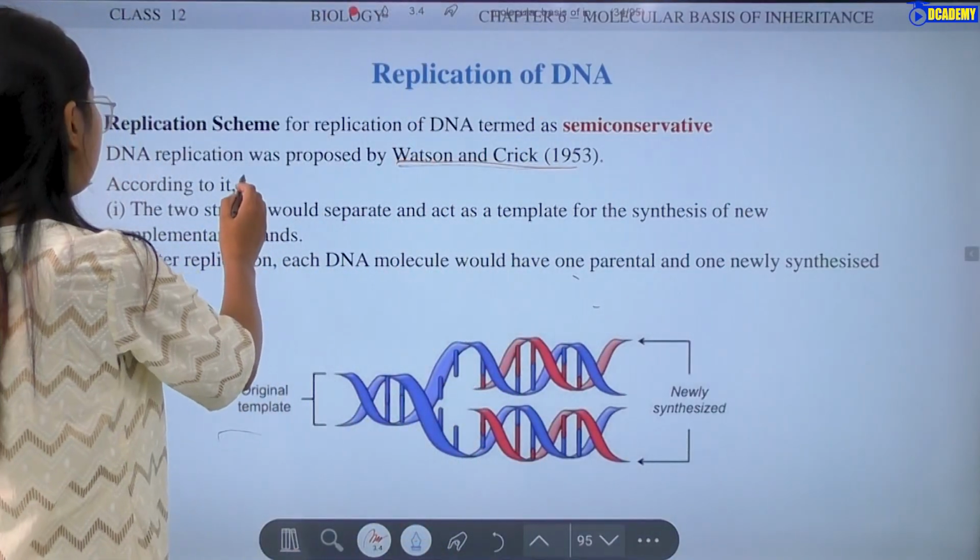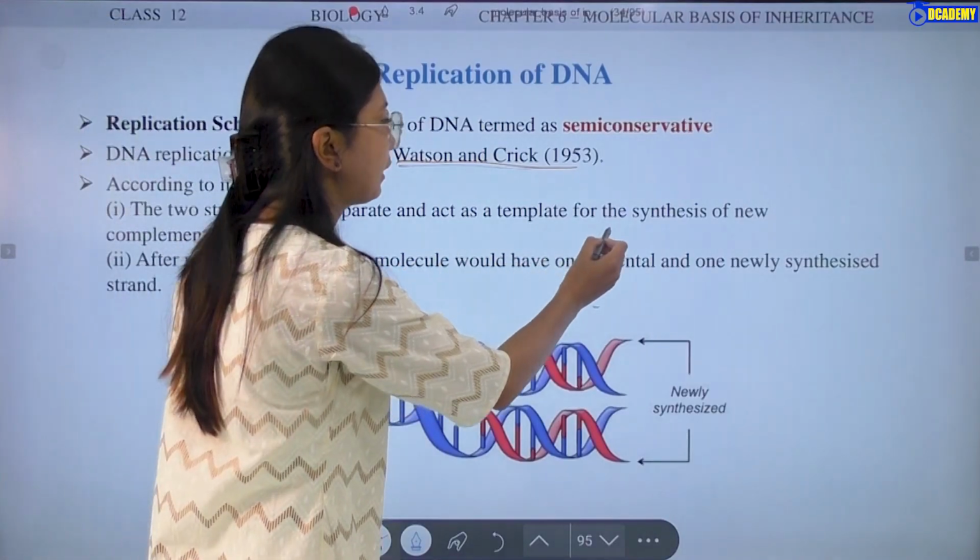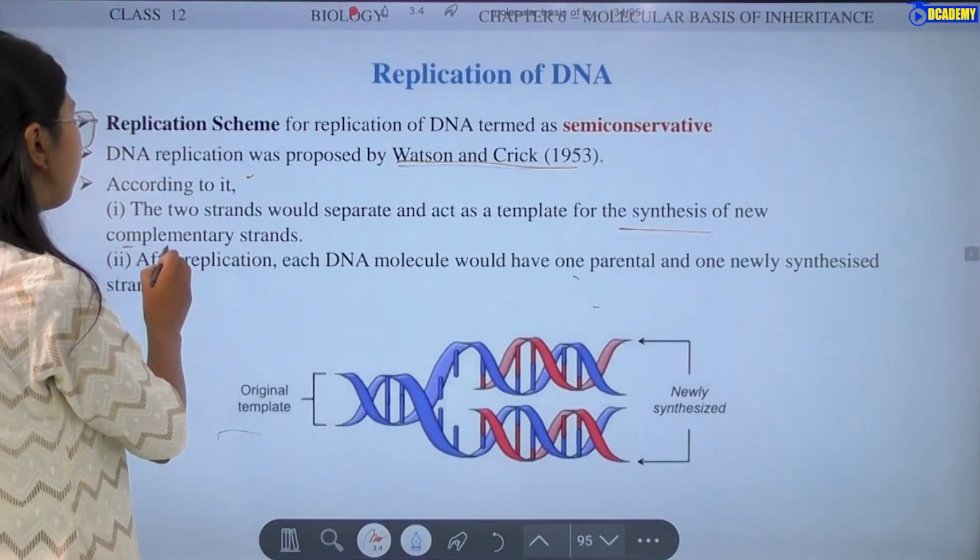In 1953, according to the proposal, the two strands would separate and act as a template for the synthesis of new complementary strands.